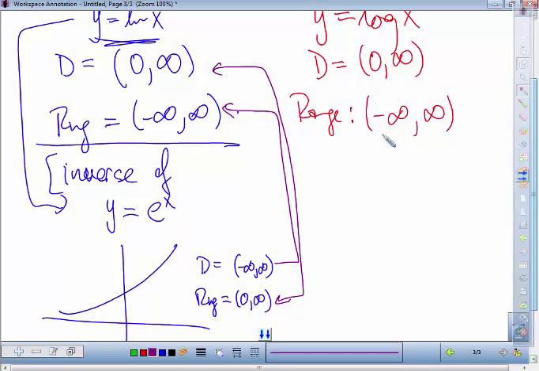All right. Let's take a look at the next page. It says find the domain of the following functions.